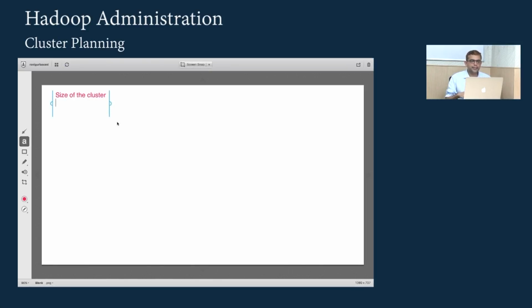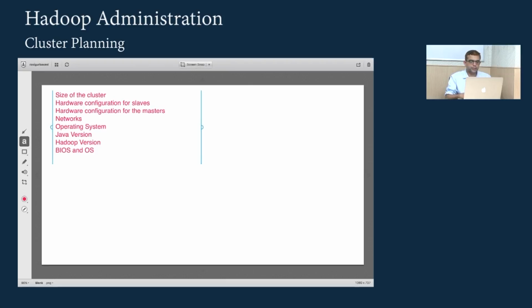The next question that needs to be answered is what should be the hardware configuration for slaves, hardware configuration for the masters, what should be the network, what should be the operating system, what should be the Java version, what should be the Hadoop version, what optimizations to be done on BIOS and OS.